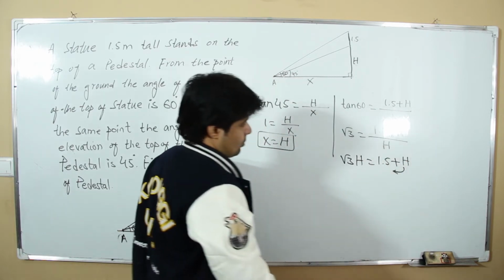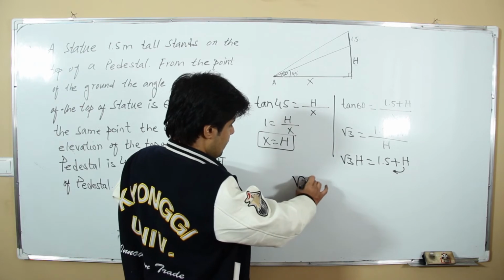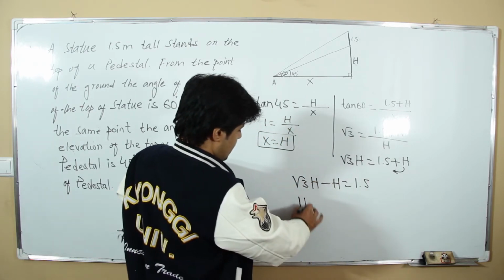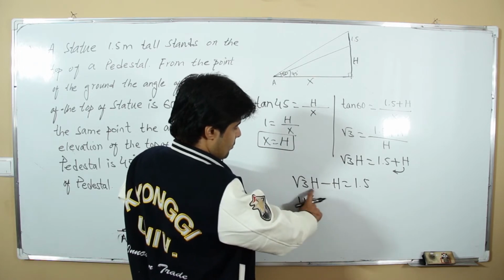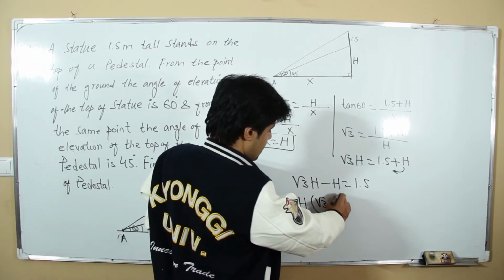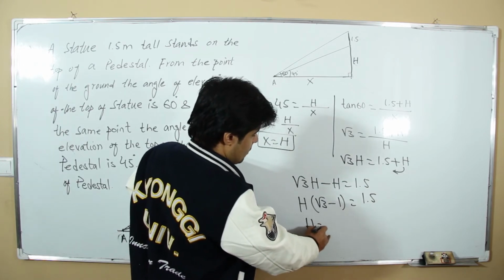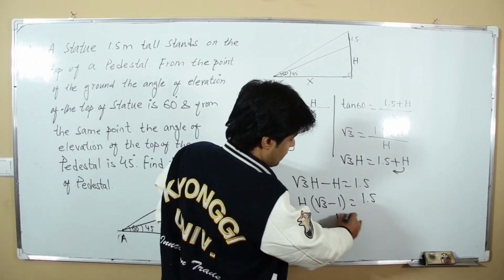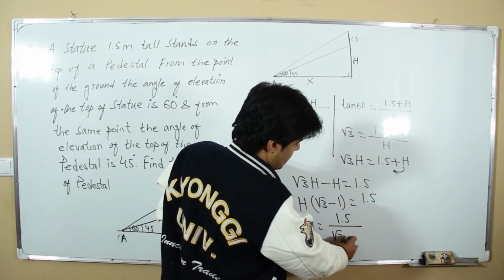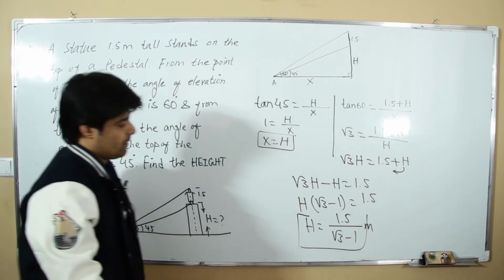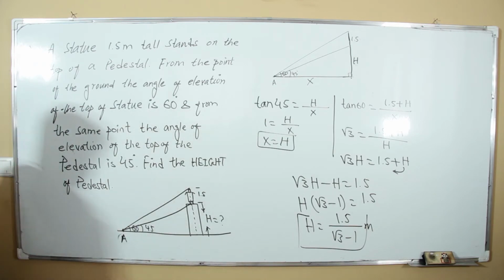Put this h to the LHS, you will have root 3h minus h is 1.5. h is the factor between both of them. It's root 3 minus 1 is equal 1.5, and divide both sides by this number. h is 1.5 divided by root 3 minus 1. And the unit is meter. Write it, please.